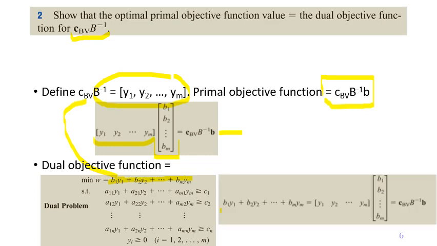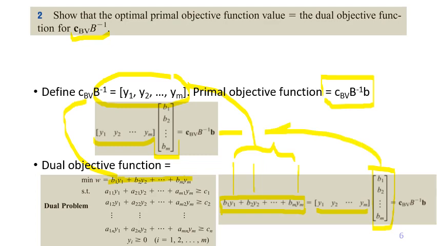So this is our objective function value for the dual when we have the dual solution y1, y2, ym, which is CBVB inverse, right? But then if we just regroup the y's into a row vector and the b's as a column vector, it is exactly the same as the objective function of the primal.